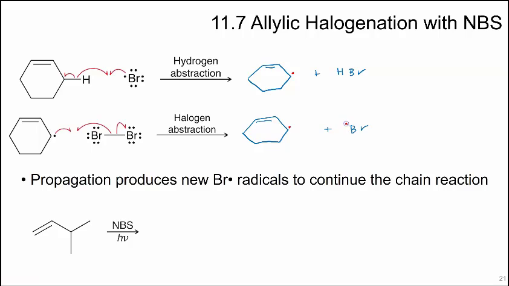Radical plus radical. So during propagation, new Br radicals can form, and that just keeps the chain reaction going. In this case, we had a symmetrical molecule. If you don't have a symmetrical molecule, we can actually get two different products.